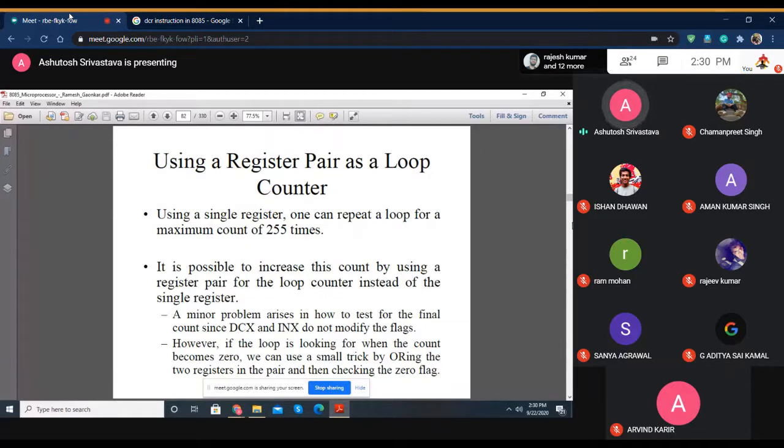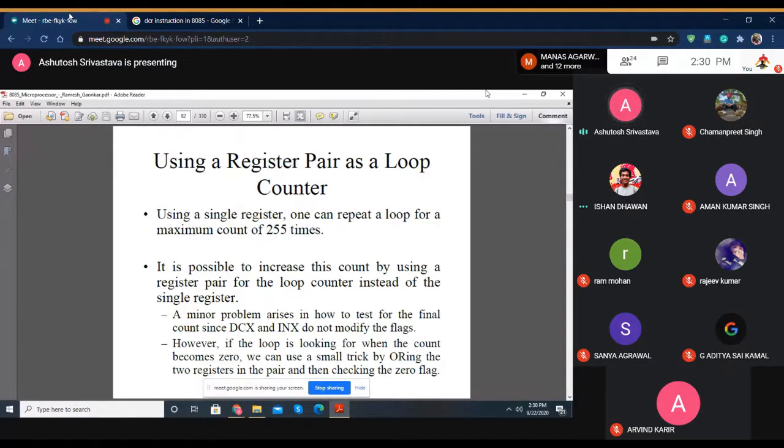So using a single register, one can repeat a loop for a maximum count of 255 times. Can anybody answer why 255 times? Because 256 is 8 bits. Good, that's fine. So you got it, right? And why 255 times? Because the first time is already zero.